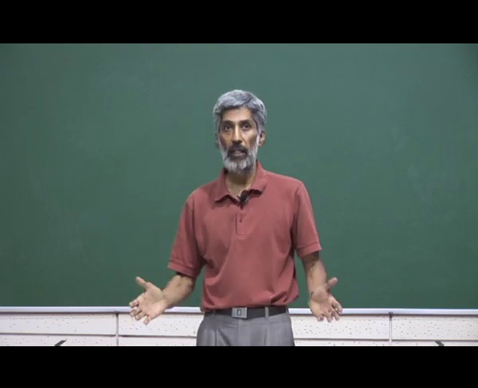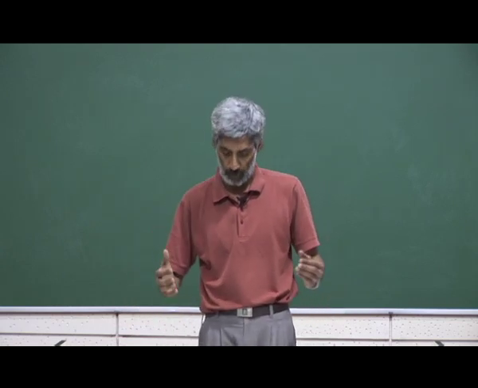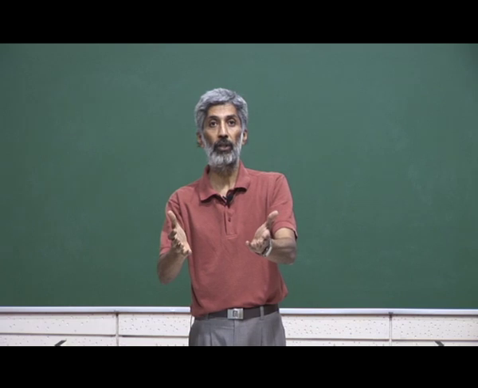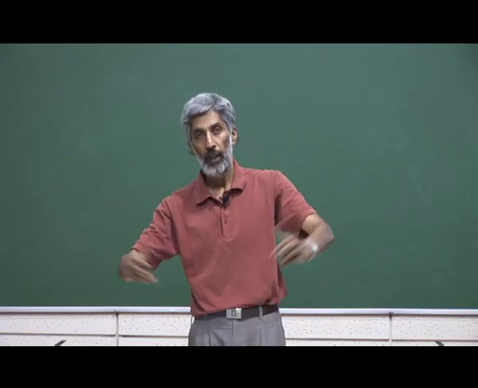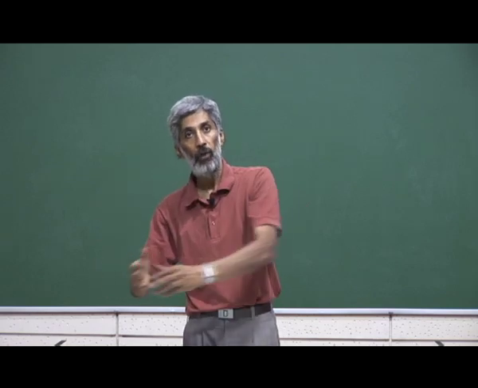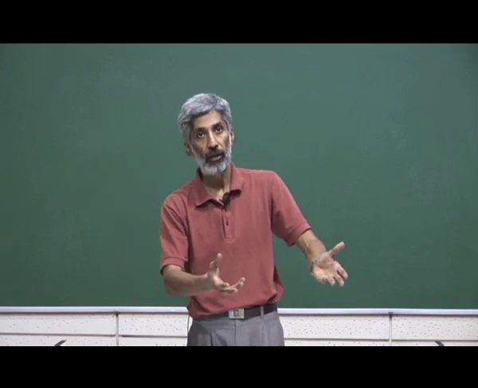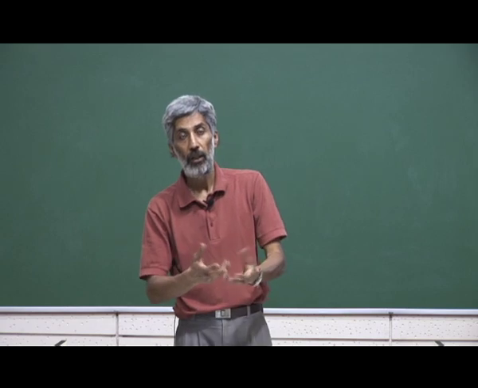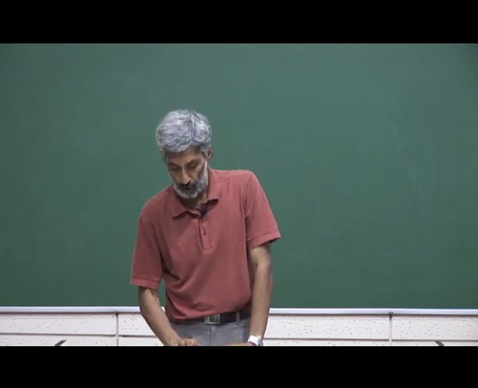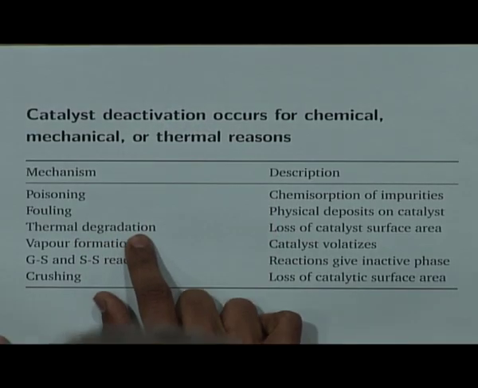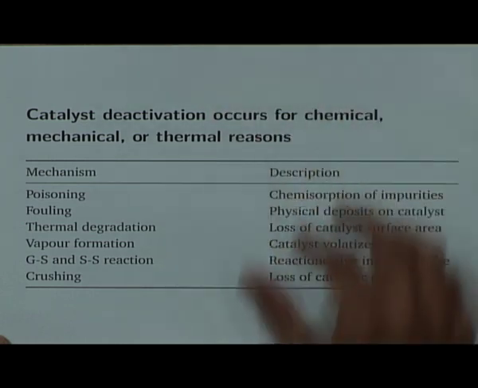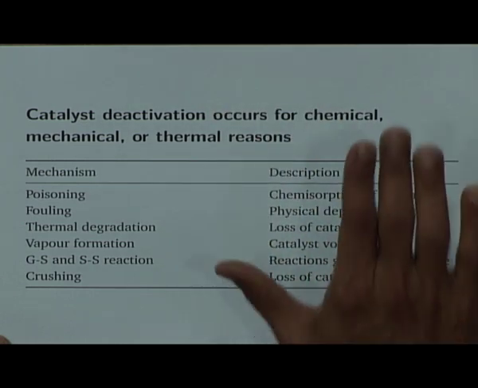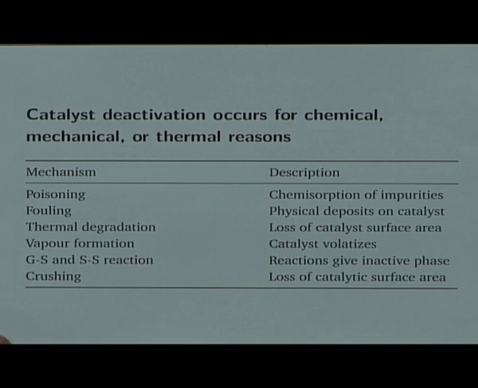And if your catalyst does not happen to be stable at those temperatures, the catalyst will undergo a phase transformation. It will go into a different form which does not catalyze the reaction. So, thermal stability is also of great importance. So, when the catalyst degrades, the catalyst surface area that is available for catalysis is decreased, and as a result the reaction rates go down.